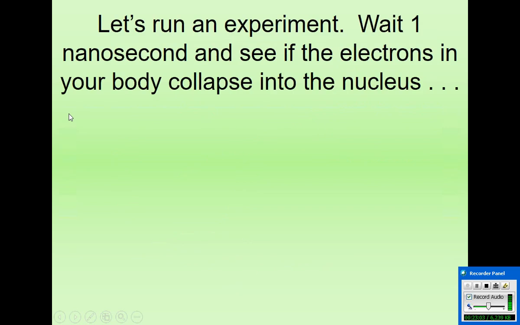And the expectation is that the electrons will spiral into the nucleus in about a nanosecond. So if we wait about a nanosecond and see what happens to the atoms in you, and I guess a few nanoseconds have gone by, we might notice that the atoms in your body, the electrons in your body, have not collapsed into the nearest nucleus. You still have your atomic structure, at least I hope so.